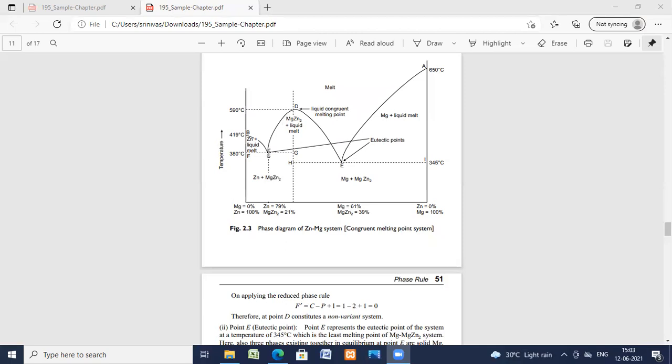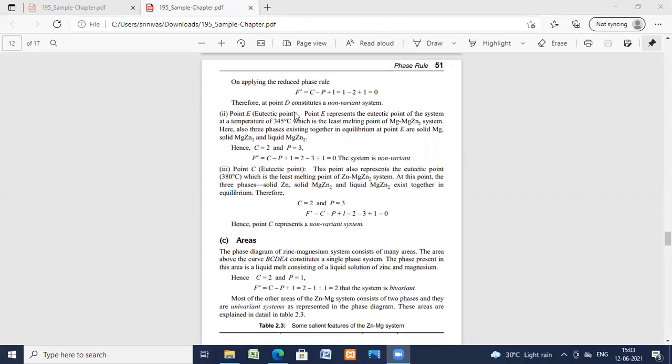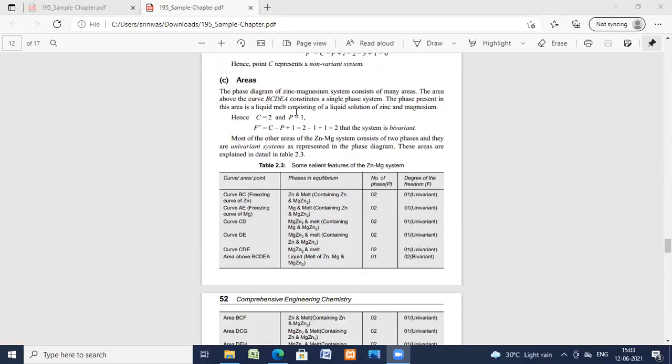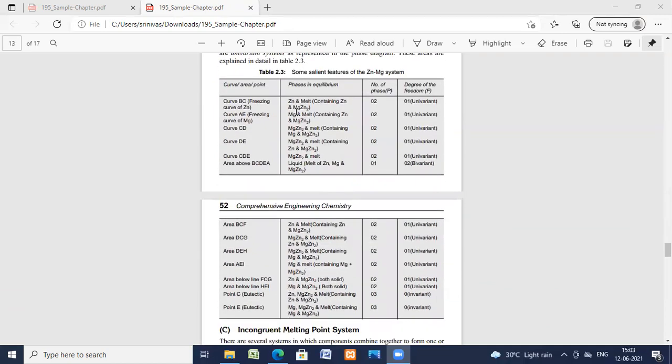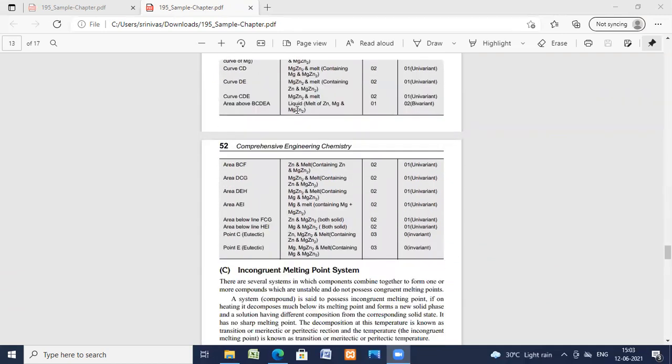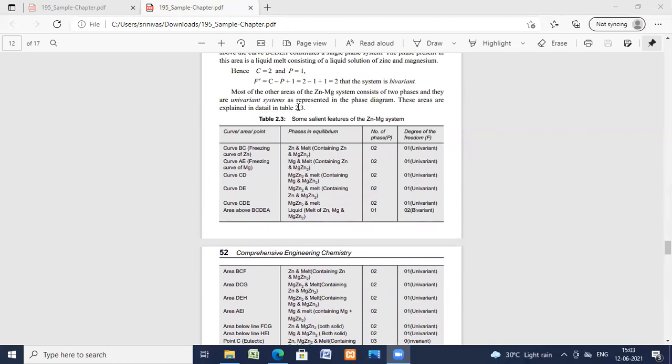Now we'll see here curve CD and curve DE. C is 2, number of phases are 2.